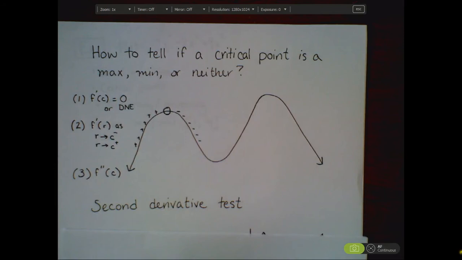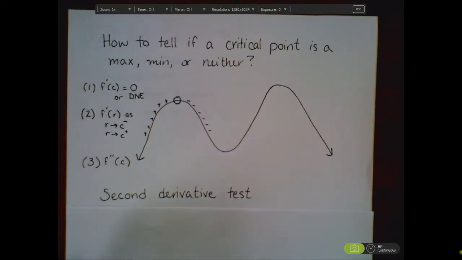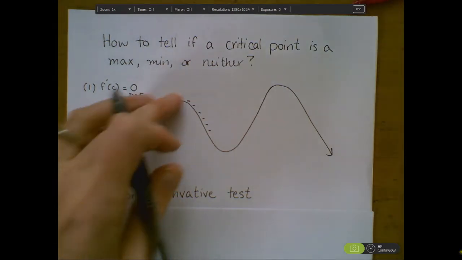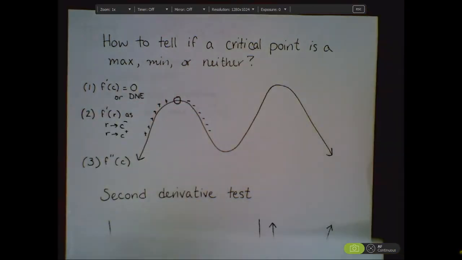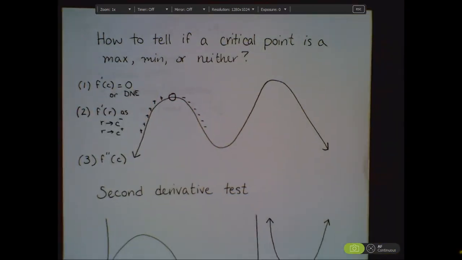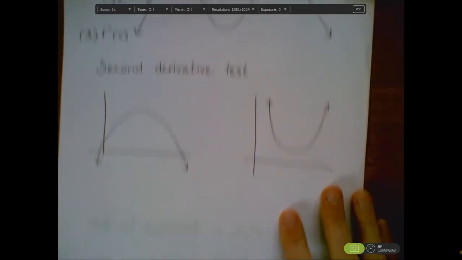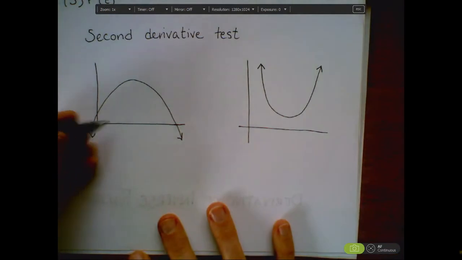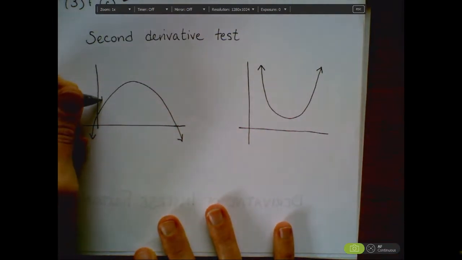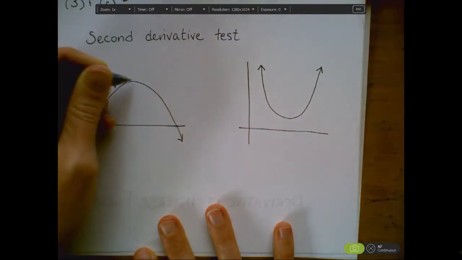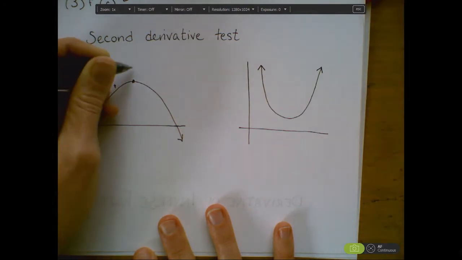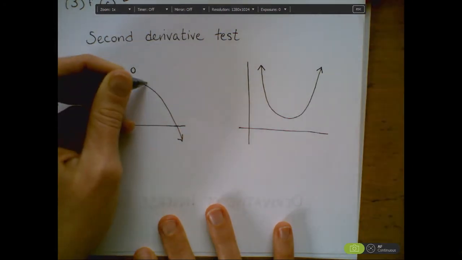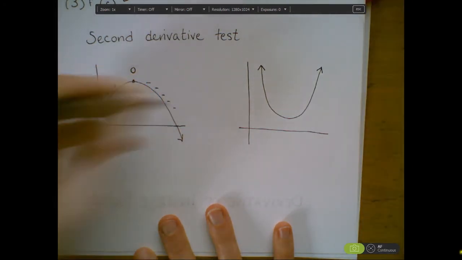So this is our second derivative test. Recall that the second derivative measures how much the slope is changing. If I look at this graph on the left, I see that my slope is positive. My slope right at this point is 0, and then my slope is negative as I go down the hill.